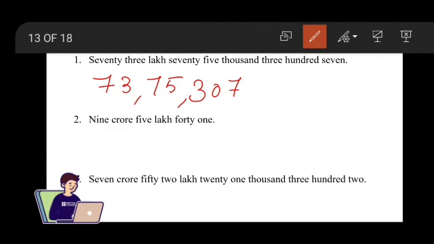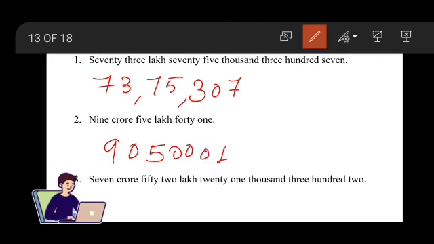Next question is 9 crore 5 lakh 41. Since there is no value given in the tens place of lakh, we are representing it with 0, and similarly for the thousands and hundreds places.